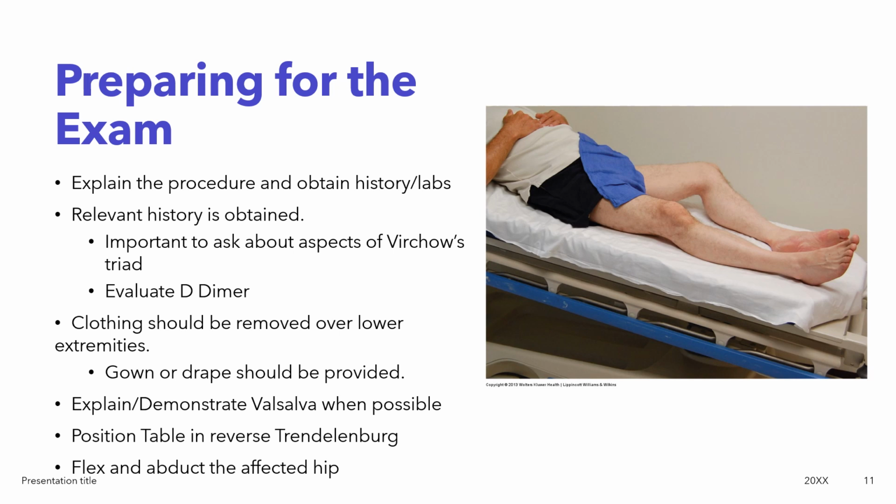Then once you're ready to begin the exam, you can keep usually the unaffected or the leg you're not scanning at the moment covered with a warm blanket to keep the patient comfortable. And then when you're ready to get going, you're going to want to bend the patient at the knee and drop their knee away from them, exposing that groin crease, because that's where you're going to be starting the exam.